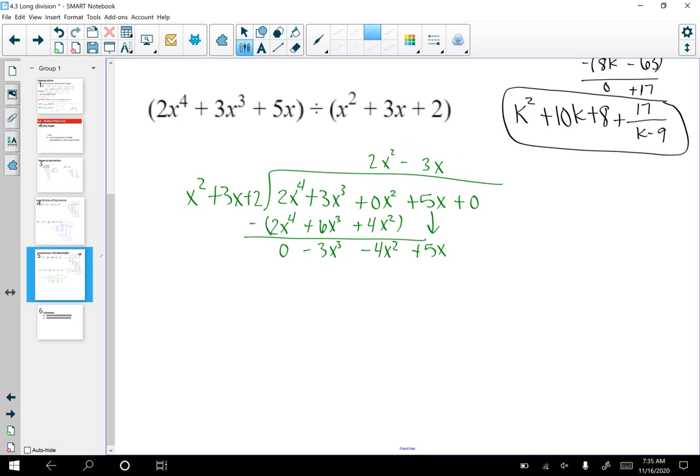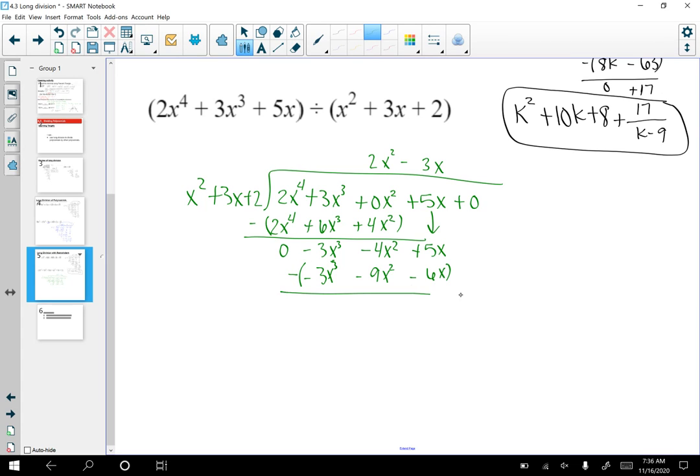So I have negative 3x times x squared gives me negative 3x cubed. Negative 3x times 3x gives me negative 9x squared. Negative 3x times 2 gives me negative 6x.